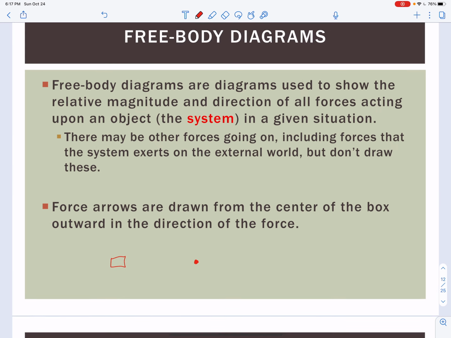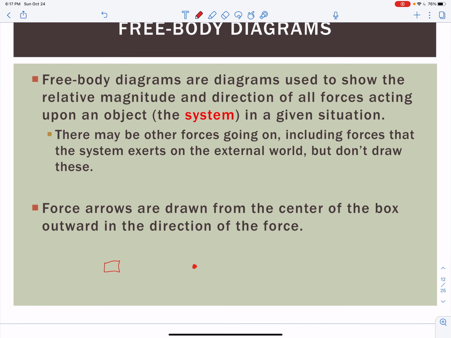I don't care either way. I learned back in the day a box. Nowadays, they often use just a dot. It really doesn't matter. But you'll draw arrows from this. So you'll draw a force arrow up for a force that's going in that direction. You'll draw a force arrow to the right if it's going in that direction, or something like this, okay?